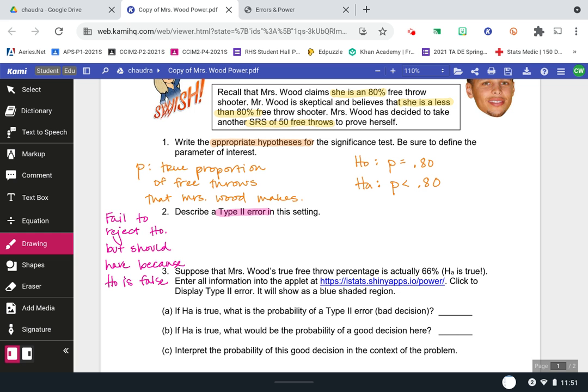So the type 2 error in this setting would be us believing that Mrs. Wood is an 80% free throw shooter, but she's actually worse than that.